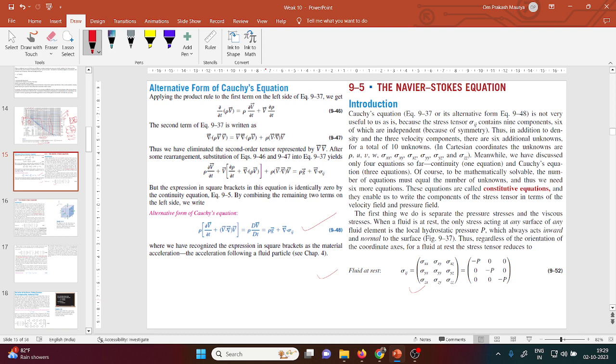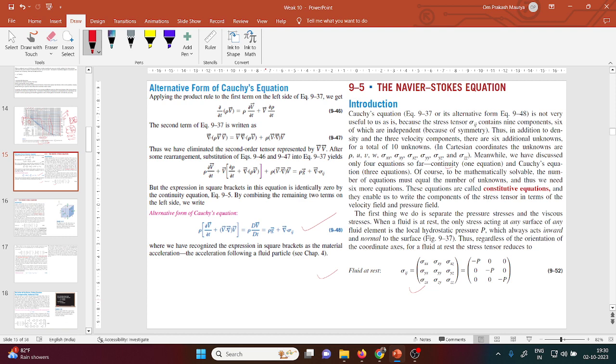In Cartesian coordinates the unknowns are 1, 2, 3, 4, 5, 6, 7, 8, 9, 10. So all 10. Meanwhile, we have discussed only 4 equations so far: one continuity equation and the Cauchy's equation, that is 3 equations. We have 10 unknowns and only 4 equations. It is not possible to calculate the value of all unknowns.